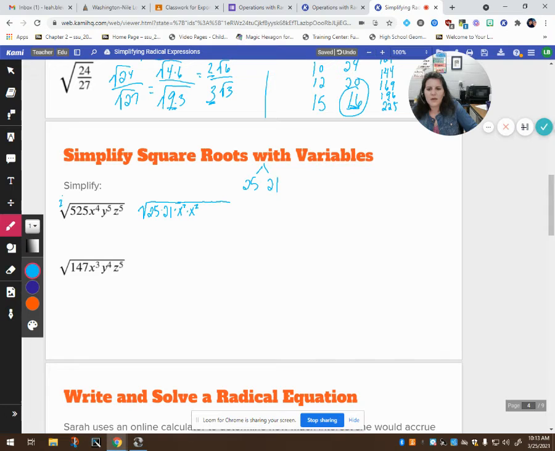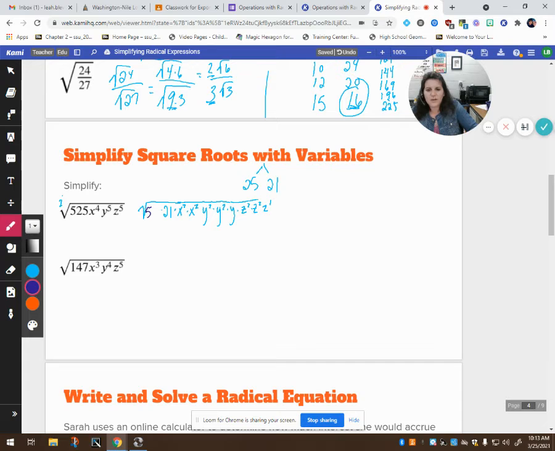And then I'm going to rewrite y to the 5th as y squared times y squared times y, right? 2, 4, 5. And same thing with z: z squared times z squared, we'll put lines through these so we know they're z's, times z to the 1st. And this 25, I'm going to go ahead and rewrite it as 5 squared. It's the same thing, right?